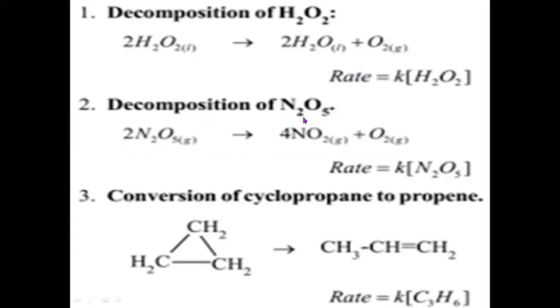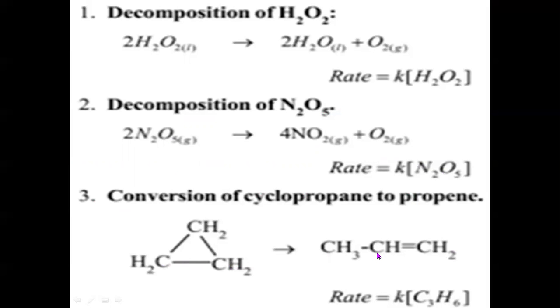Similarly, decomposition of N2O5, the rate equation is K into concentration of N2O5. Therefore, we say that the decomposition follows first order kinetics. Why? Because the rate equation has only one term for concentration, or its concentration depends only on N2O5. And one more example is conversion of cyclopropane to propene.